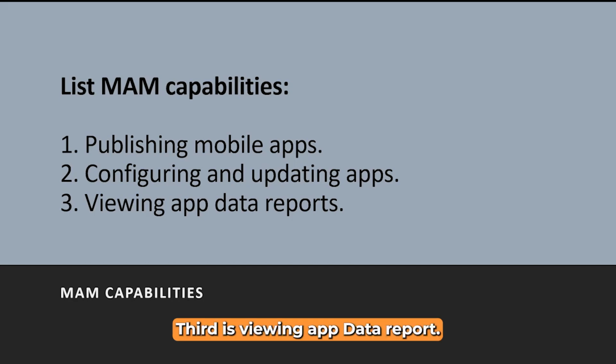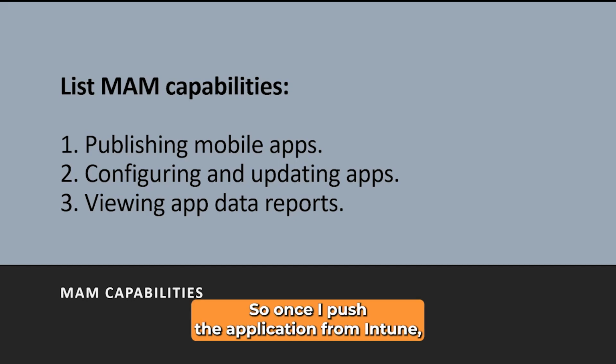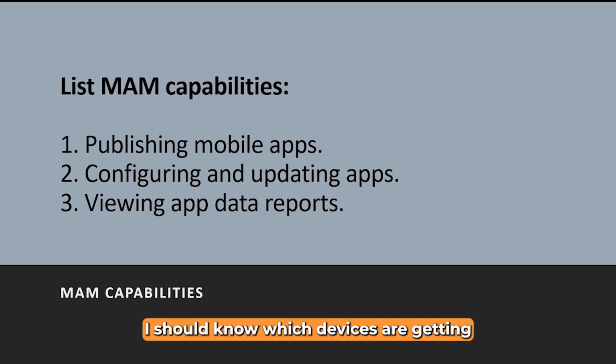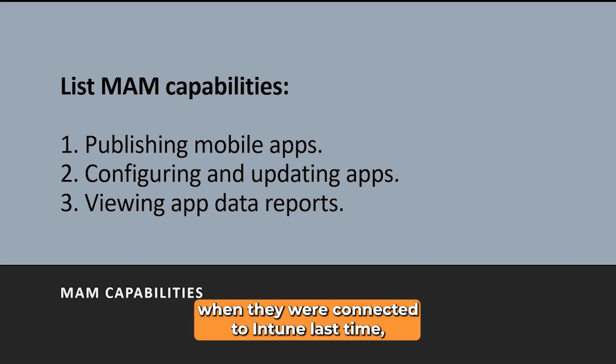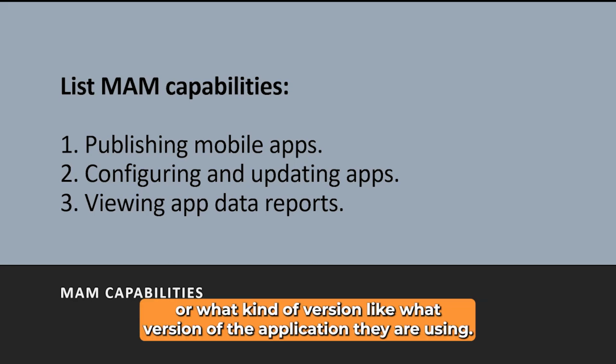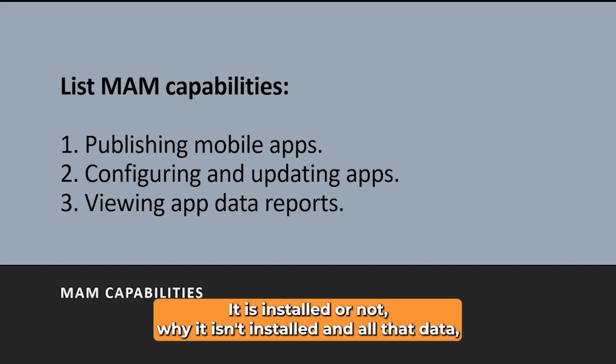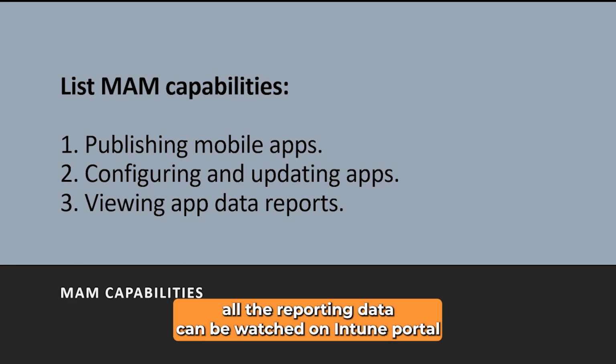Third is viewing app data report. So once I push the application from Intune, I should know which devices are getting the application downloaded on their devices, which devices are connected to internet, when they were connected to Intune last time, and what version of the application they are using, whether it is installed or not, why it isn't installed, and all that reporting data can be watched on Intune portal.